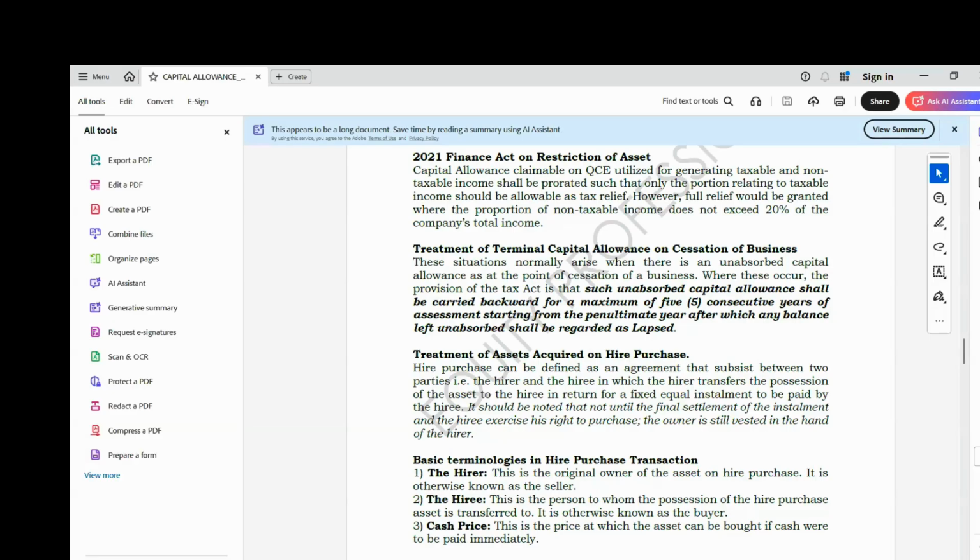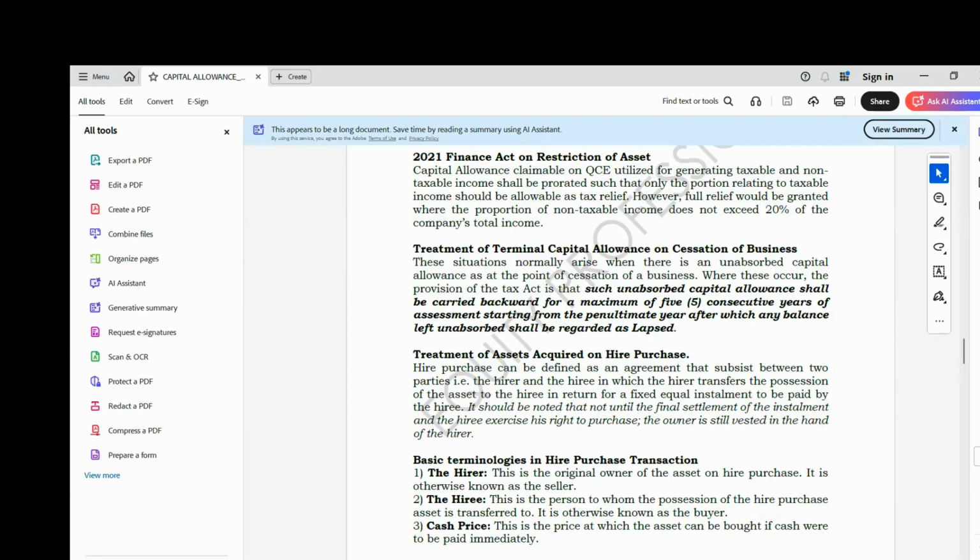And because you are going to be paying bit by bit, if you now use that asset for the purpose of business, the tax law is also telling you that they are going to grant you the capital allowance on an installment basis. So that is the rule under hire purchase.